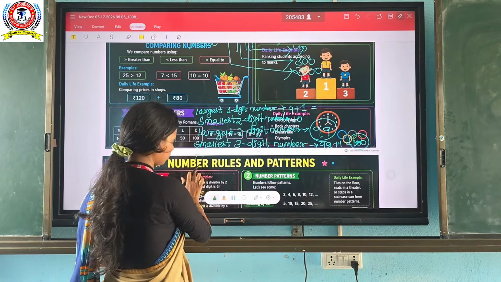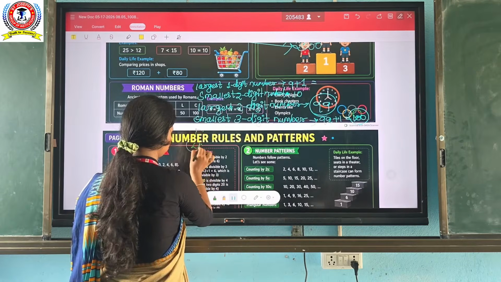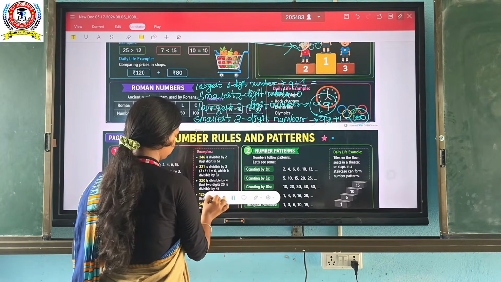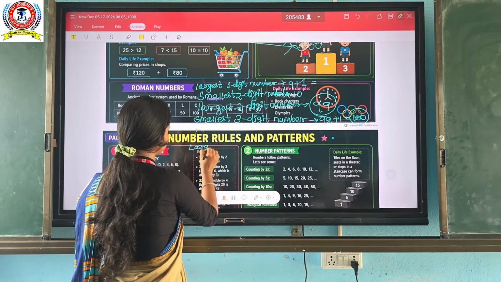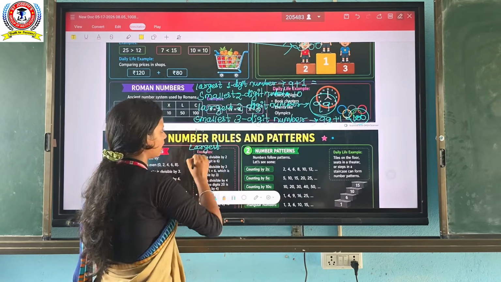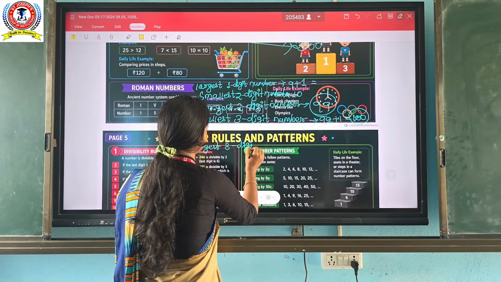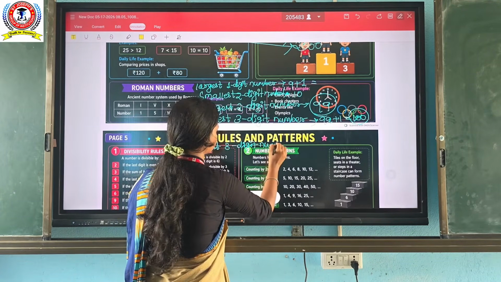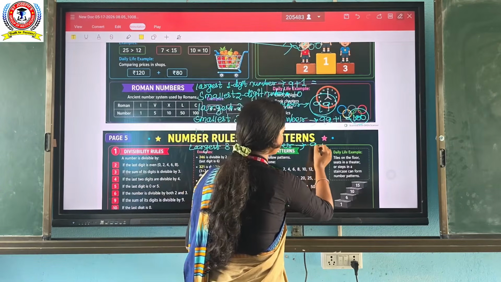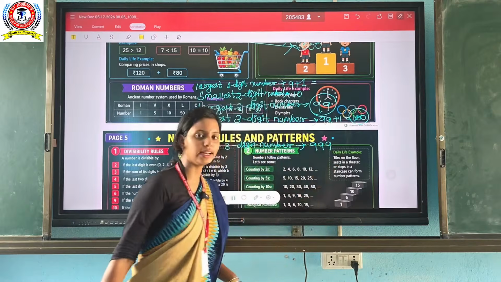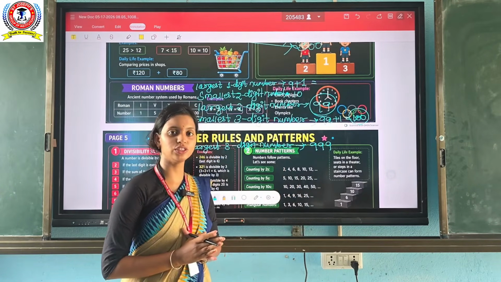Okay. Largest three digit number. Largest three digit number is 999 because the successor of 999 is 1000.